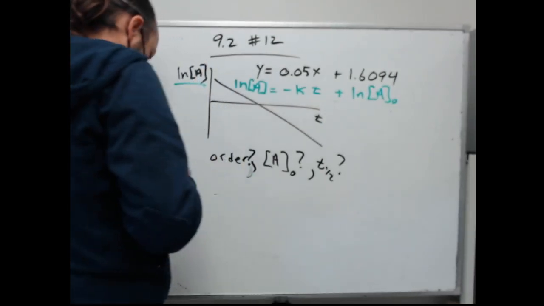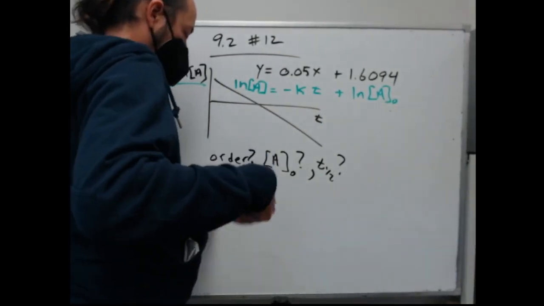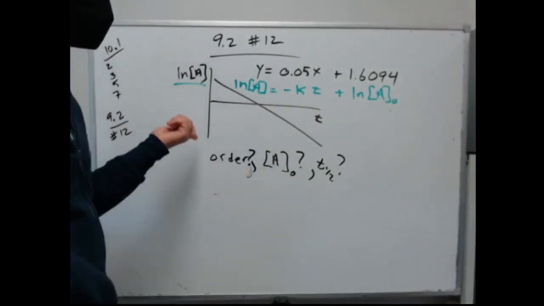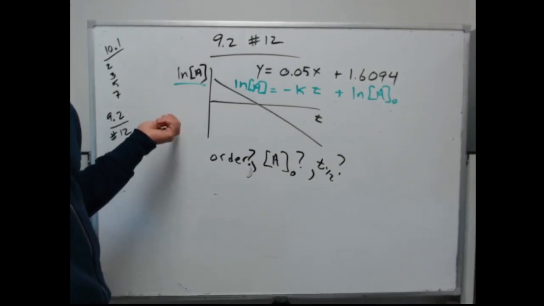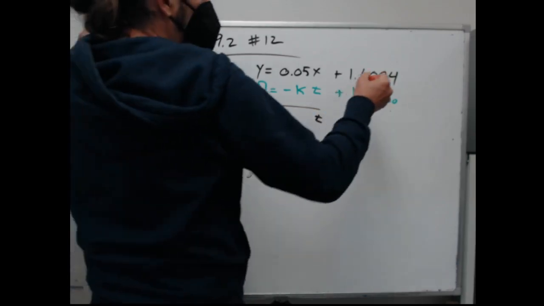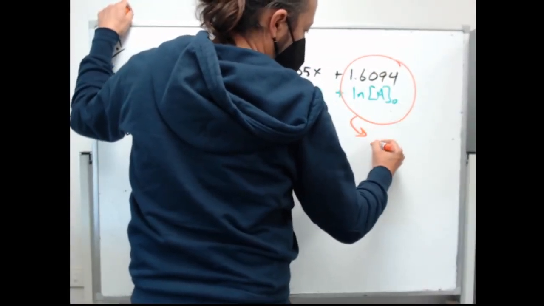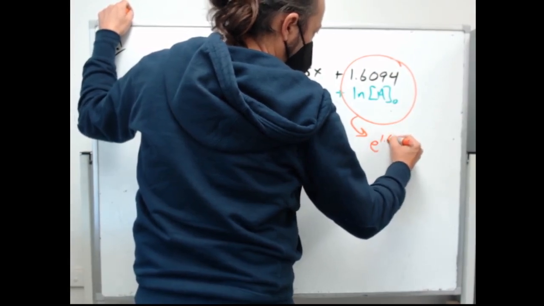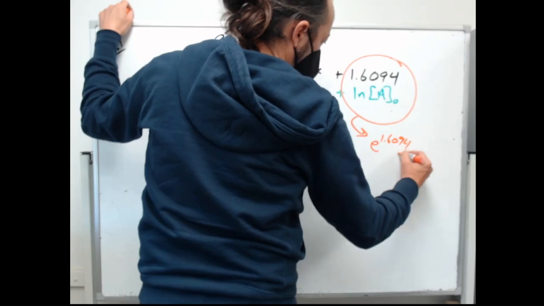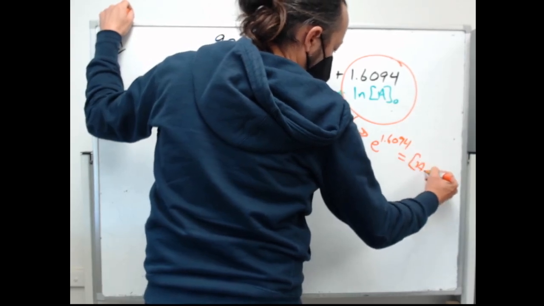So right away we can figure out the initial concentration. First off, the order is 1, because a natural log A plot is linear. We can figure out the initial concentration from this. We can just do e to the 1.6094 should be equal to A naught.